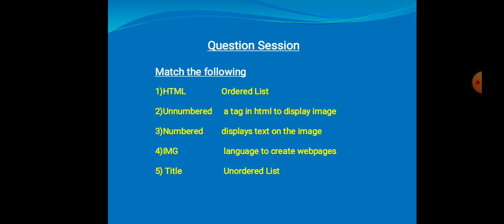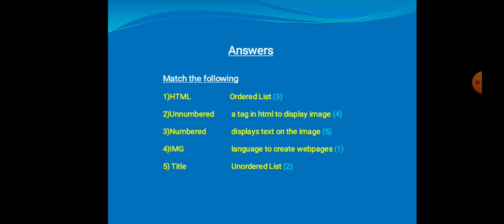IMG: a tag in HTML to display an image. Title: an attribute that is used to display text on the image. When you move the cursor over the image, the text specified in the title attribute will be displayed there. And these are the answers, students. You make a note of it.